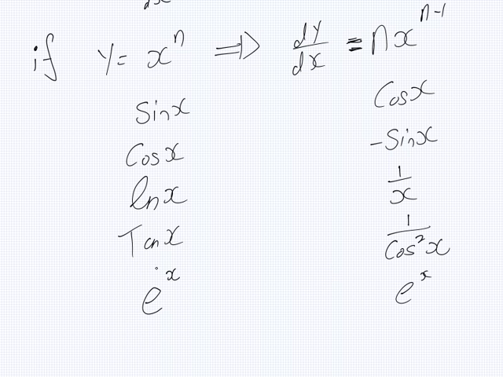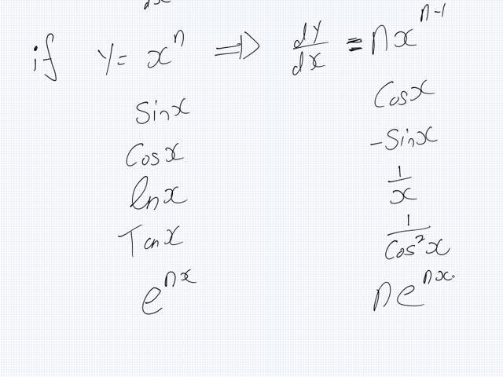And if it was e^(ax), it's still e^(ax), but there's an a in the front. Or maybe I'll use a different letter, I'll use n. It doesn't matter. e^(nx) is n e^(nx).